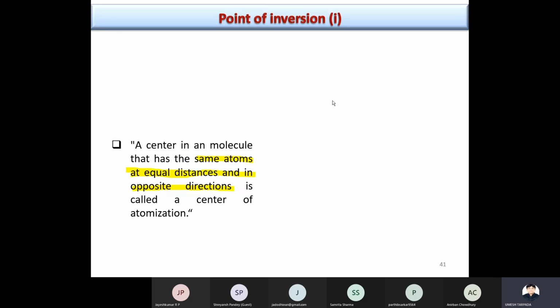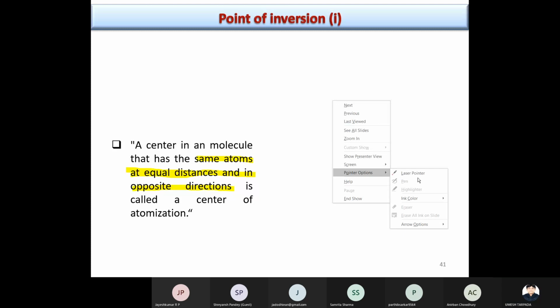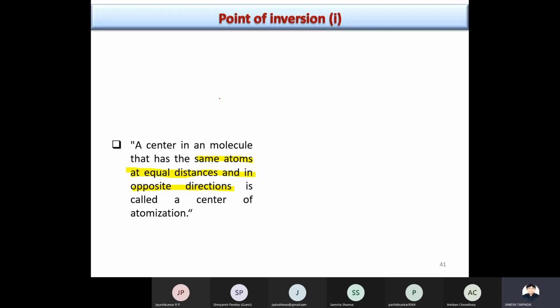Now, what is the center of inversion or point of inversion I? It is a point from which on opposite side at equal distance, equal number of atoms are present.